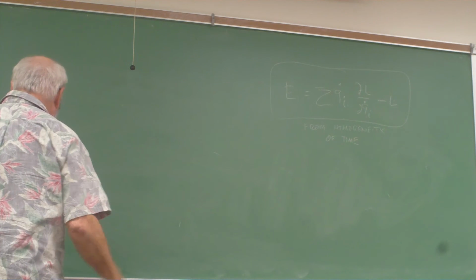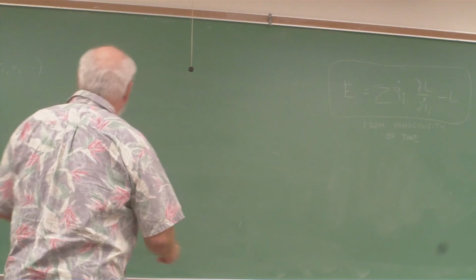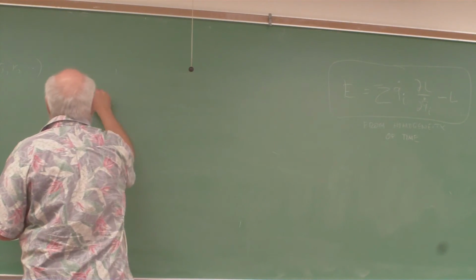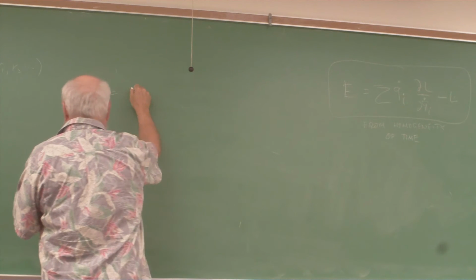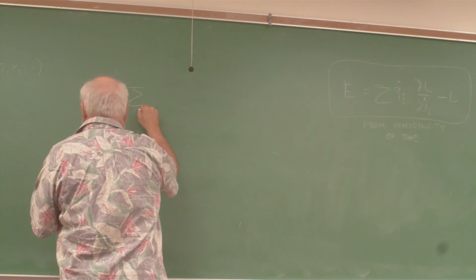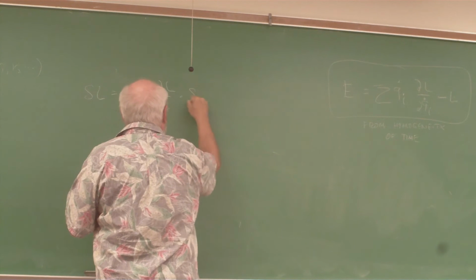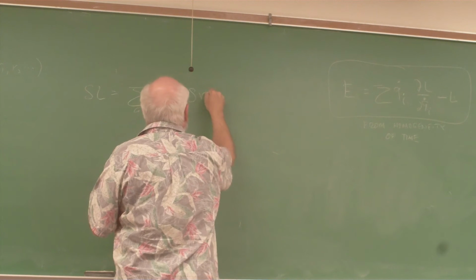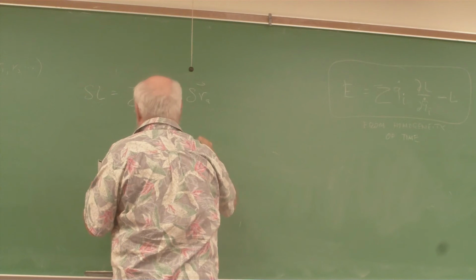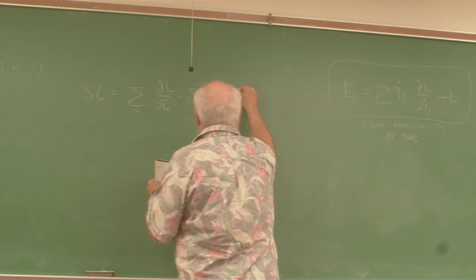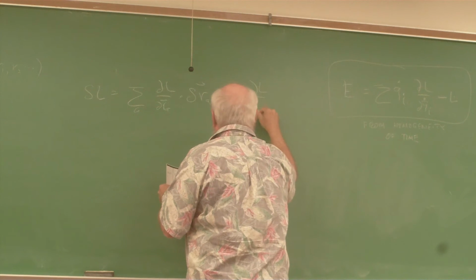From the homogeneity of space, here we need to, this one's a little tricky. Here we need to do a little infinitesimal change in L: the sum over a of ∂L/∂r_a dotted with this little vector epsilon, that is, epsilon times ∂L/∂r_a.